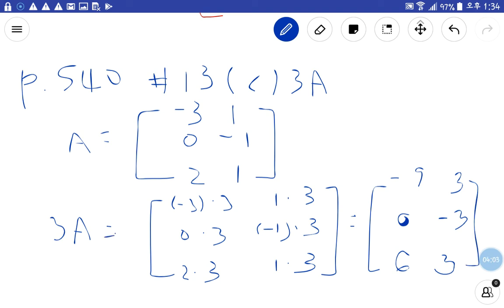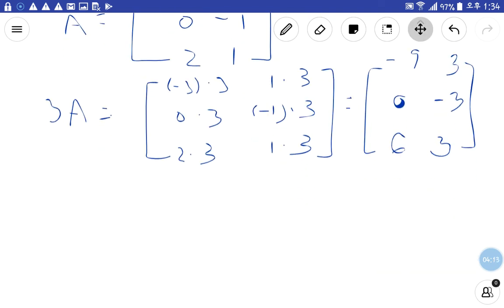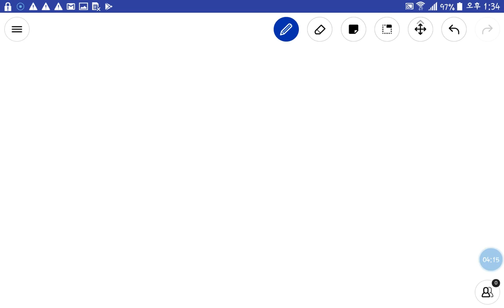Alright, so let's go back to example 4. Before we start example 4, please look at page 532. I'm going to talk about the zero matrix, the additive identity, and the additive inverse of A. Matrices inherit many properties possessed by the real numbers.